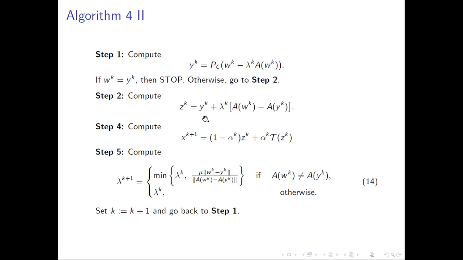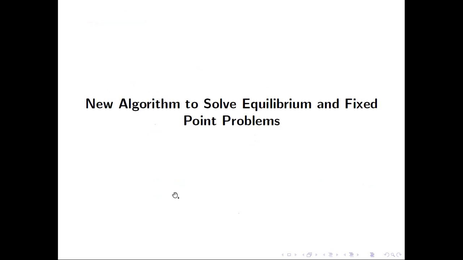This is simple, and it is computationally easy to compute this step rather than a projection. In step 4, we compute a Mann iterative scheme to calculate the fixed point, and then we update the step size rule with a different method, and this step size rule is monotone, not non-monotone.